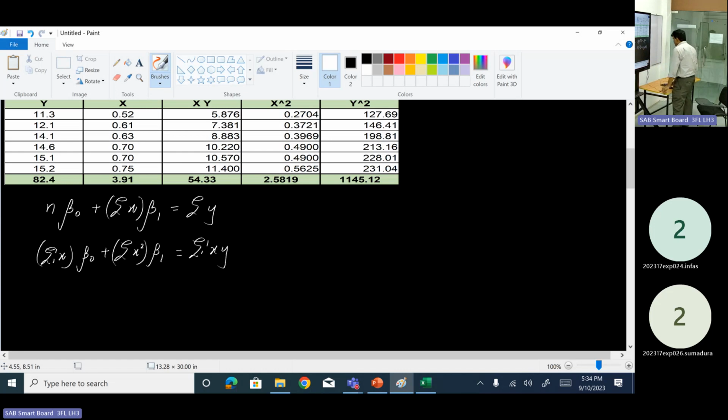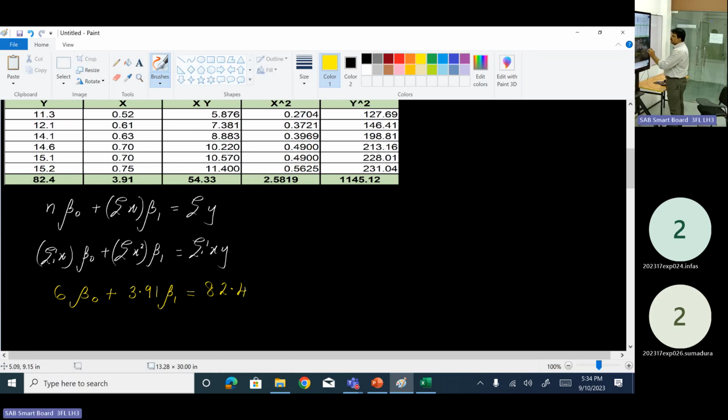Second equation. So now we have to substitute and get the two equations. N is 6. So 6 beta naught plus sigma x, so 3.91 beta 1 equals sigma y, so that is 82.4.